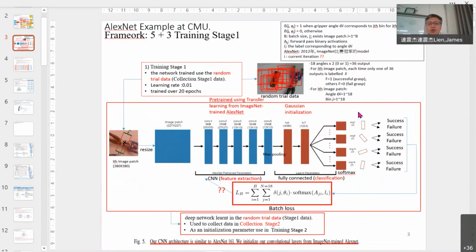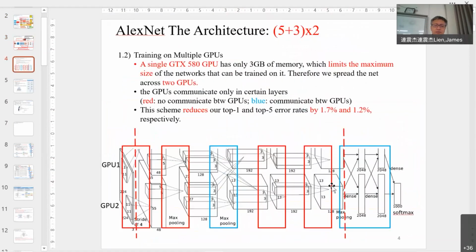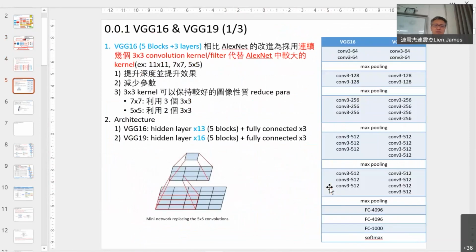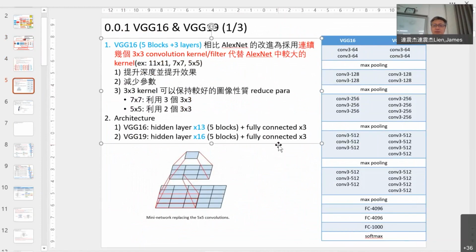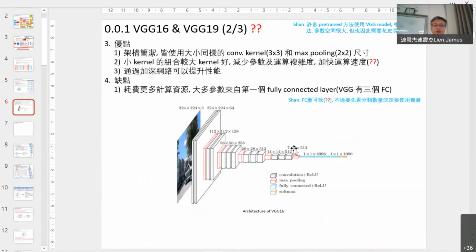Next one. We already talked about AlexNet, which has only three max pooling layers: 1, 2, and the last one, 3. And second is VGG. The important thing about VGG is they use a 3x3 kernel. Kernel is also called filter, so they use 3x3 instead of 7x7 or 5x5.